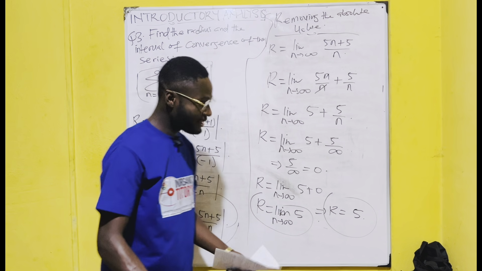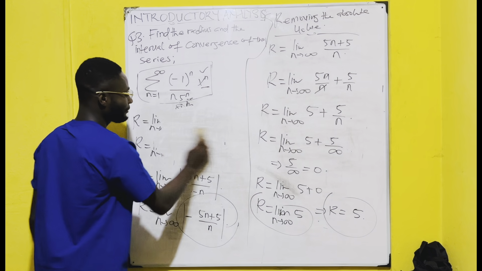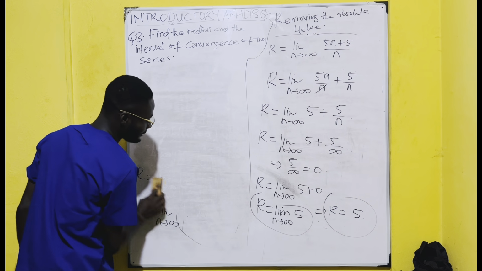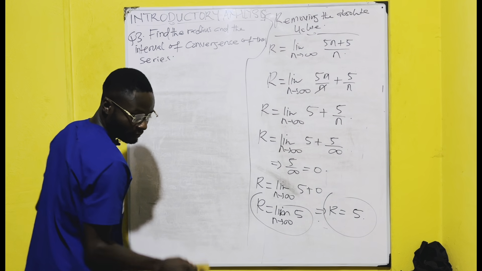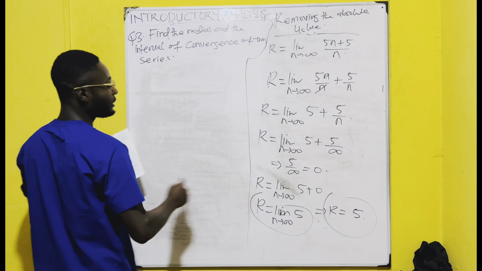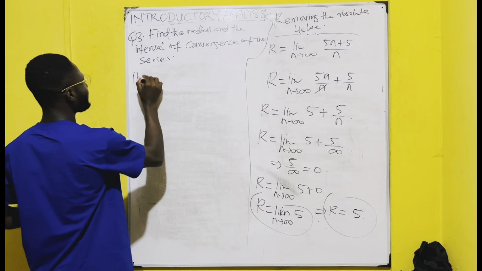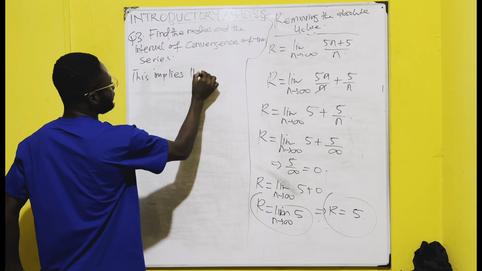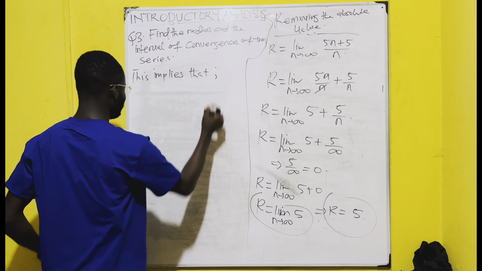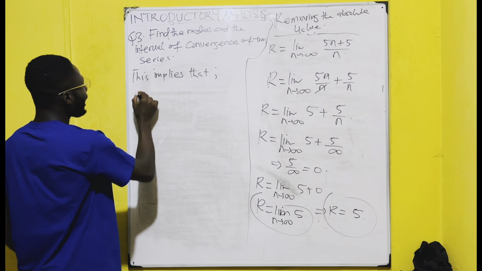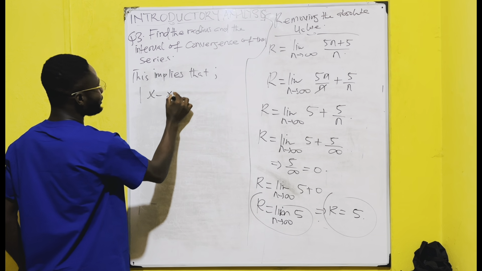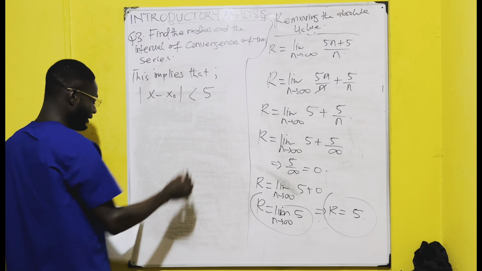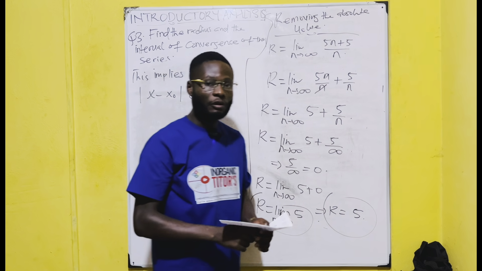So this implies that the absolute value of x minus x naught must be less than 5, right?